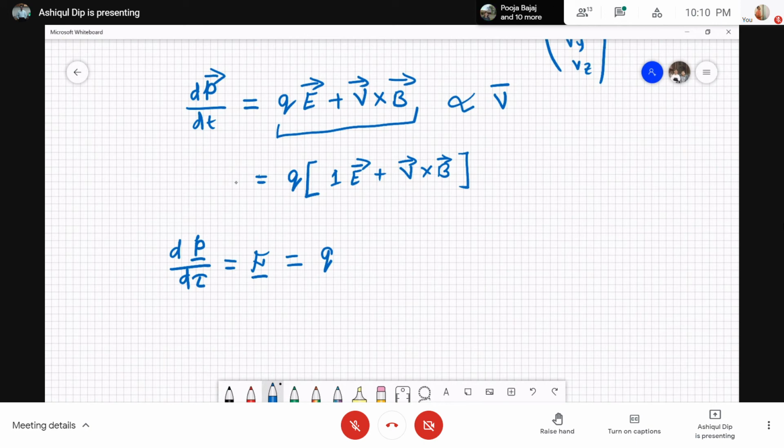So we are assuming field F. Here are 2 kinds of F. One is curly F and there is ordinary F. Curly F is the force and ordinary F is the electromagnetic field.